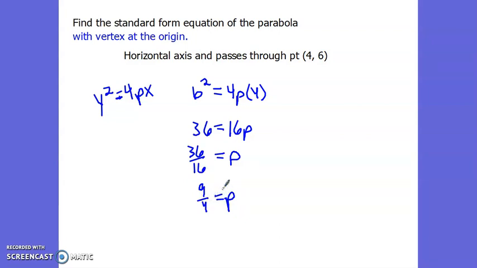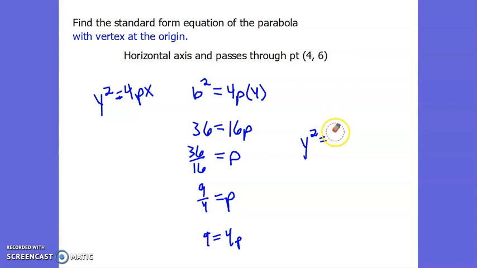And very simply, we can write our equation out then. y squared is equal to 9/4 times 4. Now remember, we want 4p, so technically 9 equals 4p. So let's go ahead and clean it up a little bit.